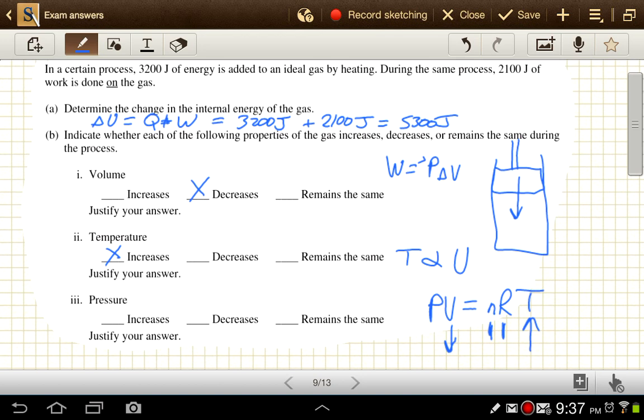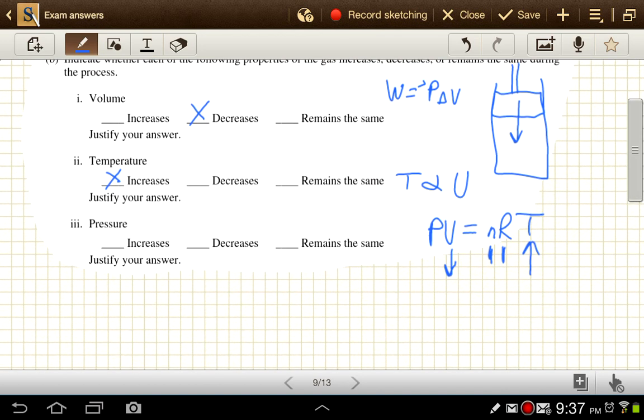So if volume decreases and temperature increases, what does pressure have to do? It might be easier to see this if we rearrange and make this P equals nRT over V. T is increasing, V is decreasing. So we see that this fraction overall is increasing in value. That means that pressure must be increasing as well.